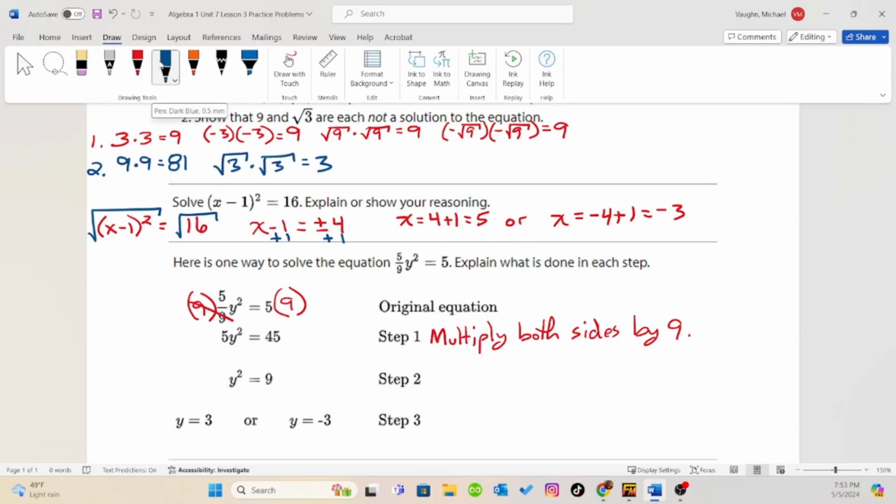Next, to get to step 2, they have divided both sides by 5. This has eliminated it from the left, and it has made the right side 9.